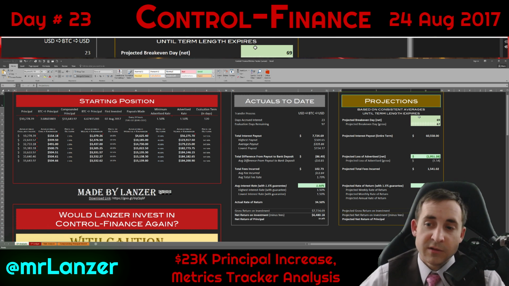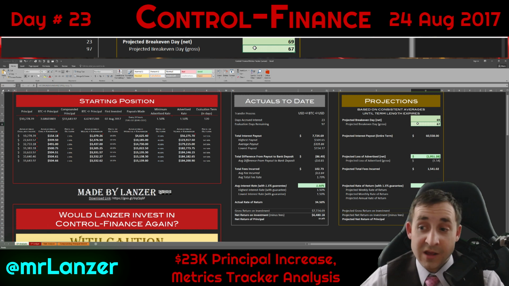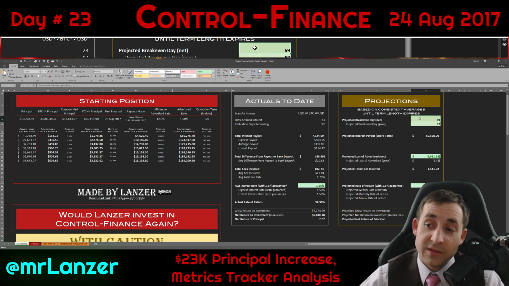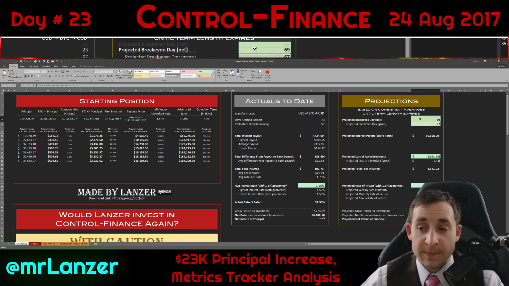So, projections. Interestingly enough, the projected break-even day, gross, so not minus fees, is 67 days, a little over 2 months. The net, taking into account all the fees and charges that occur since payout, is 69 days. So that's a 2-day difference.